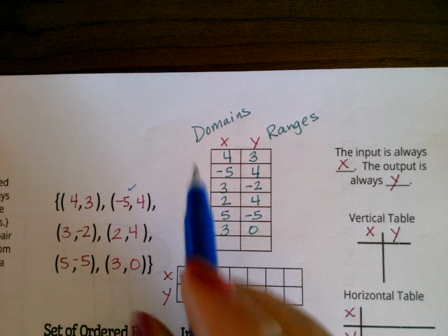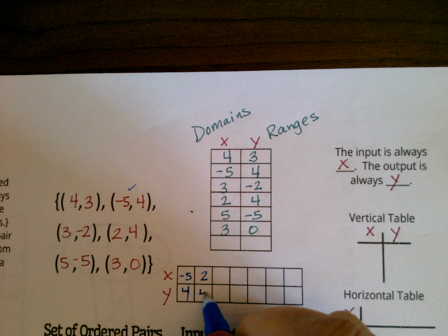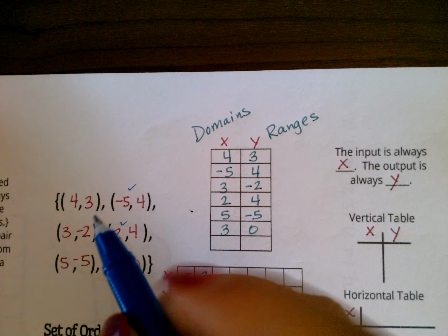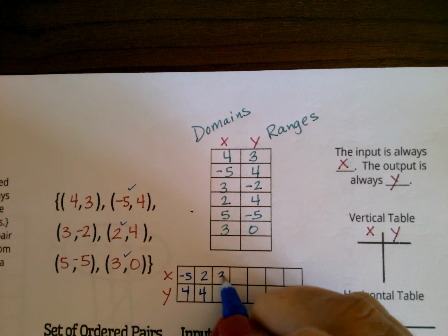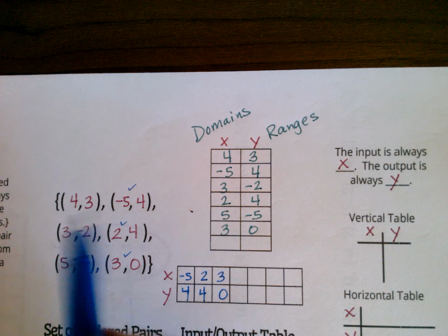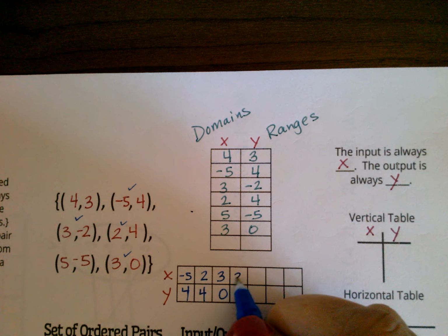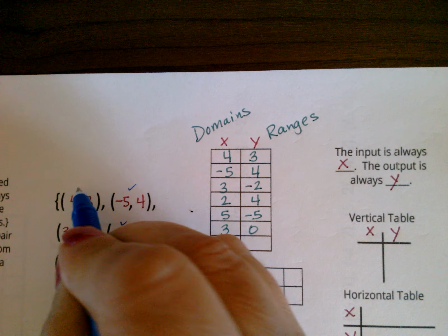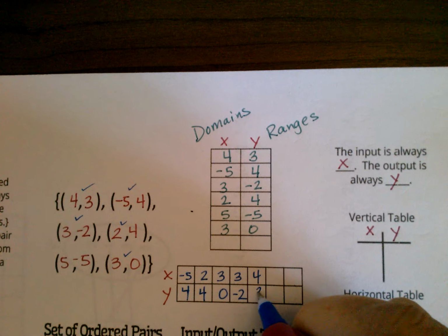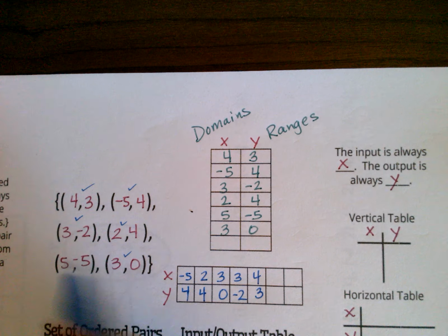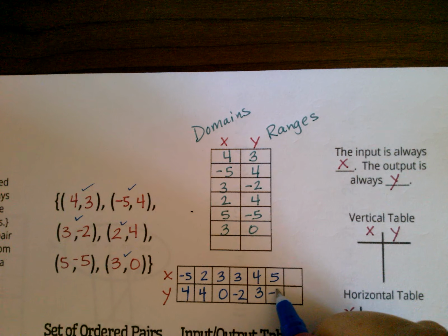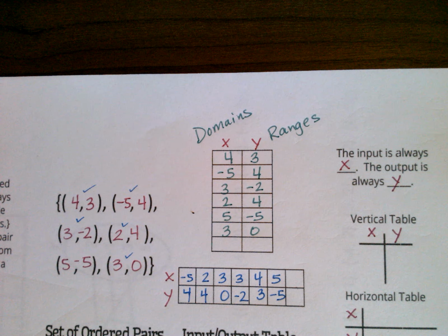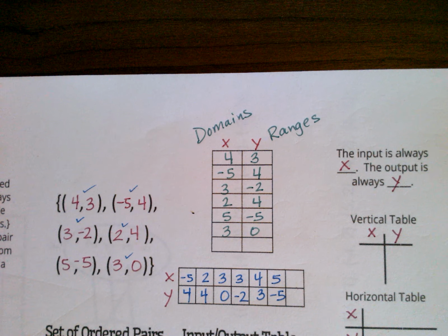Then I would have 2, 4. 3, 0. Oh, I have another 3, so I have 3, -2. I then have 4, 3, and 5, -5. So these are relations.